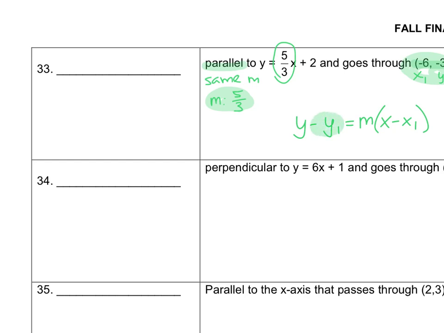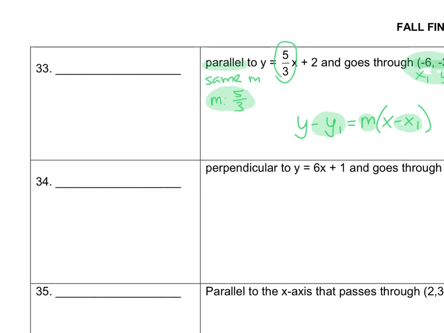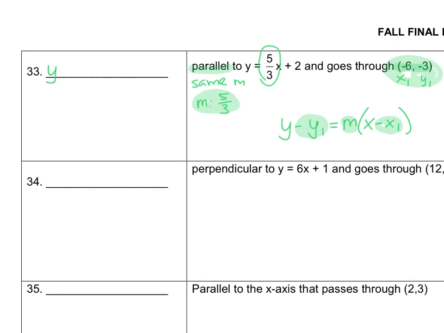I have y minus -3, so it's the opposite, and is +3, equals my slope of 5/3 times x minus -6, which is going to be opposite and be x plus 6.